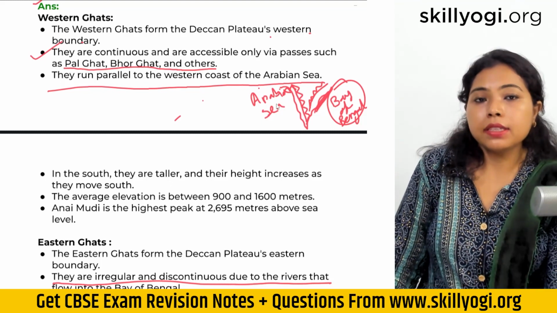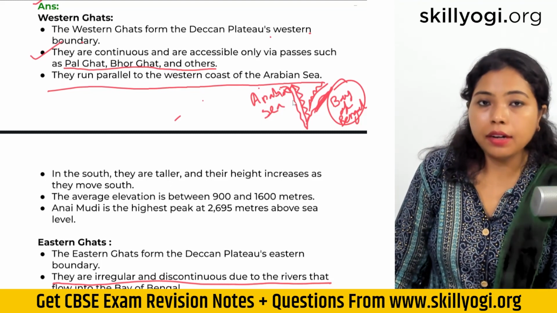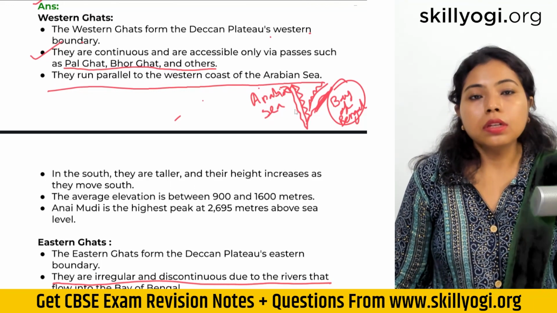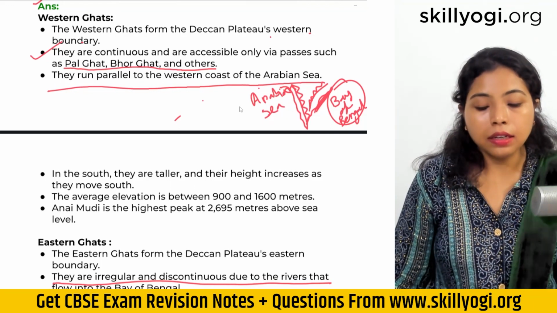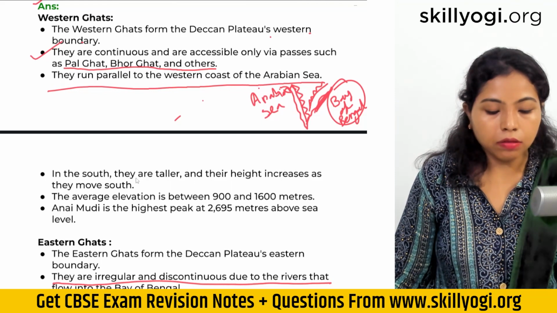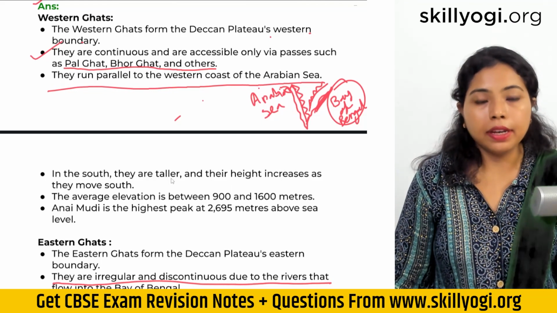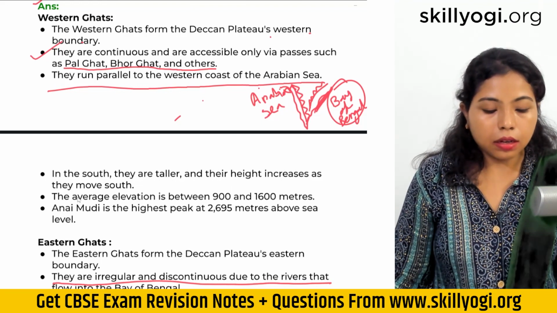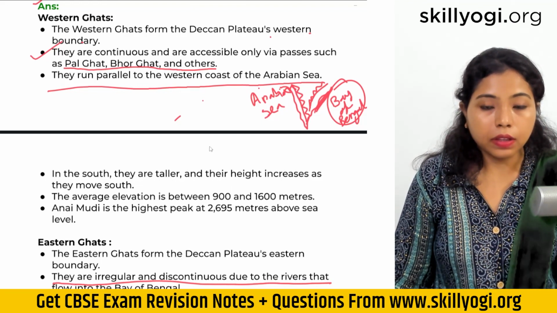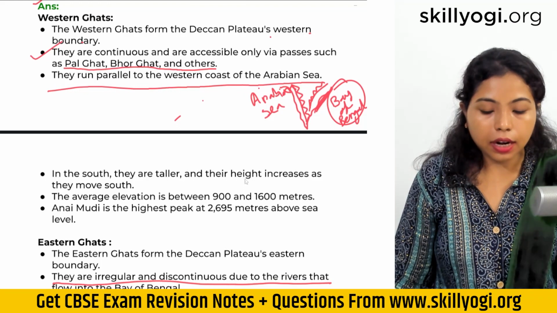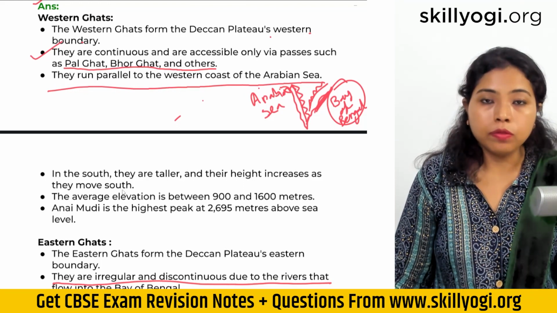Next point, in the south they are taller, and their height increases as they move south. So in the Western Ghat regions, if we follow the trend, in the south the peak height increases, reaching the highest in the southernmost part of the Western Ghat.